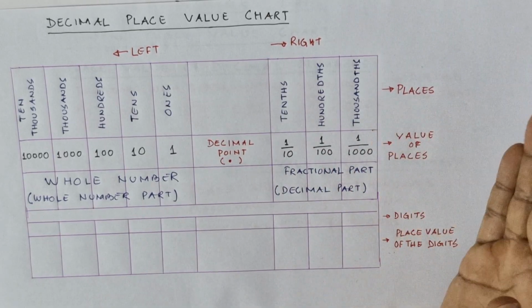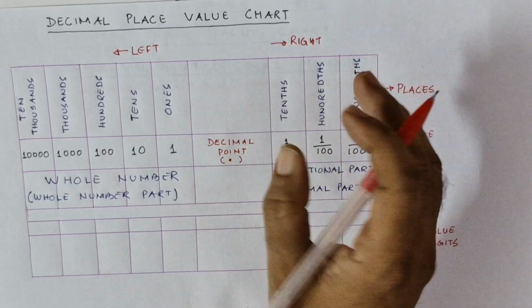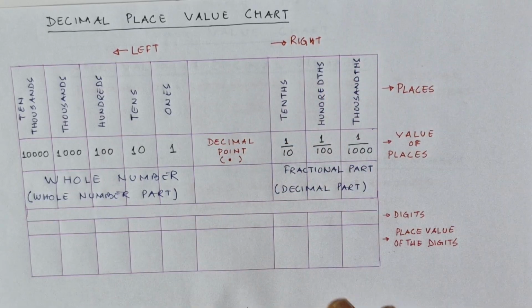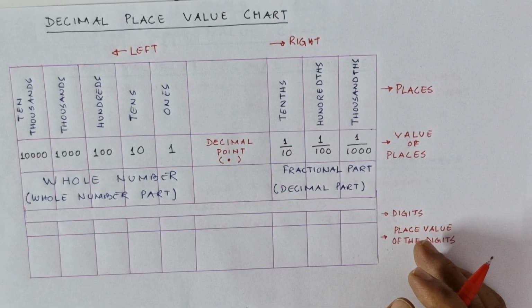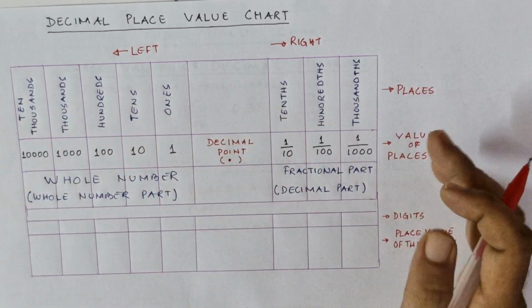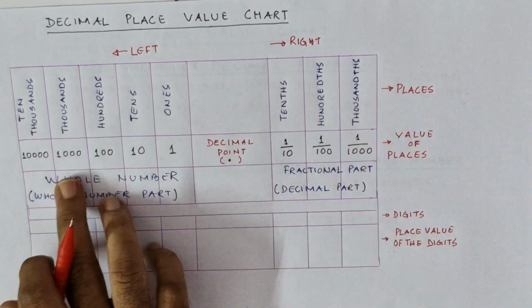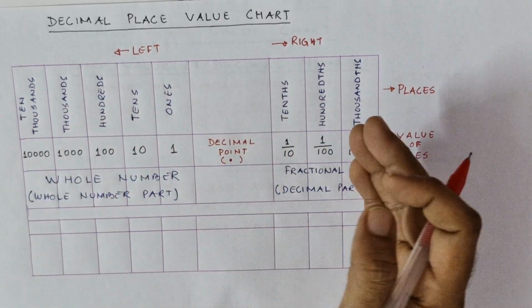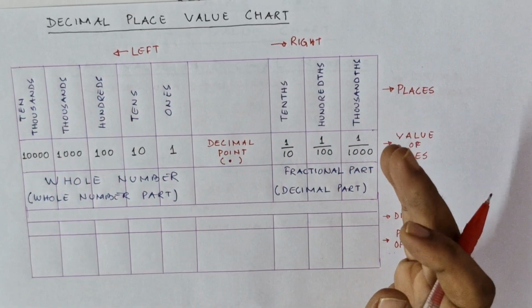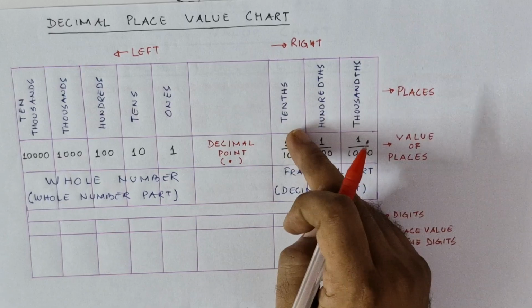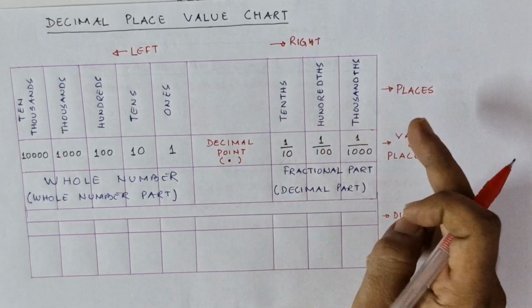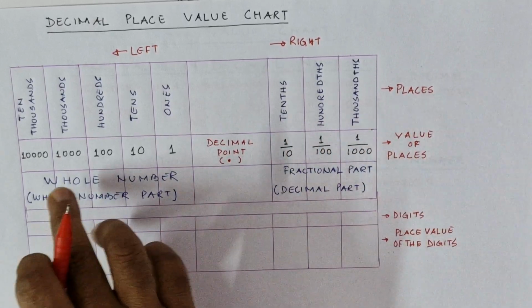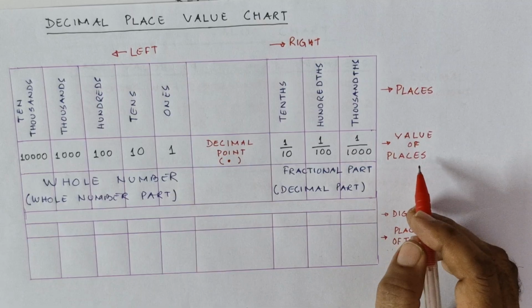It can be extended. On the right hand side, this portion is known as the fractional part. This area is known as places. These are the value of the places. So tenths, hundredths, thousandths and so on are known as places, and these values are known as value of places.